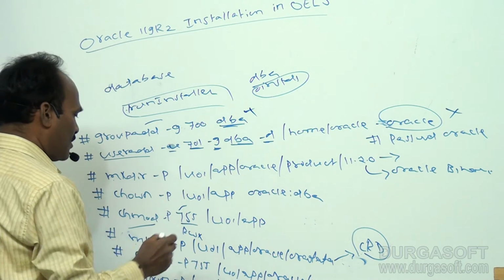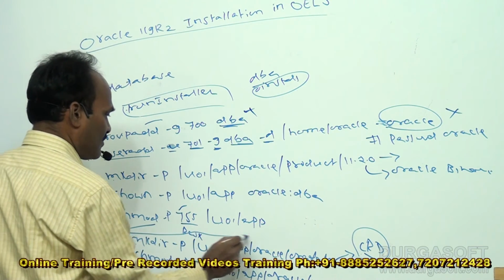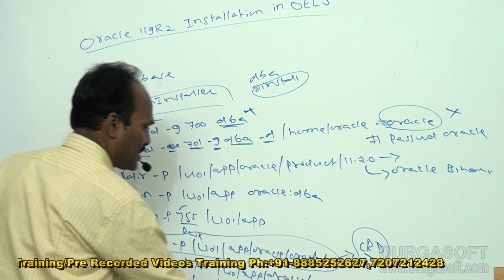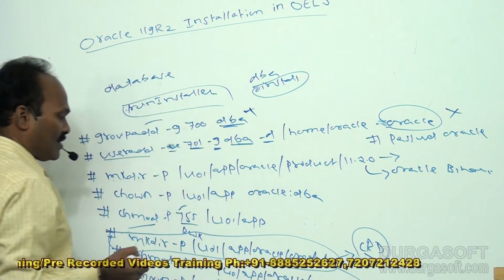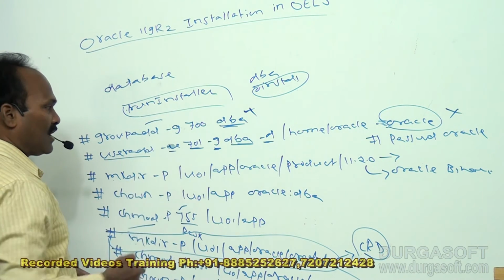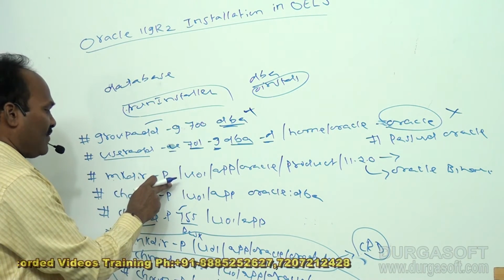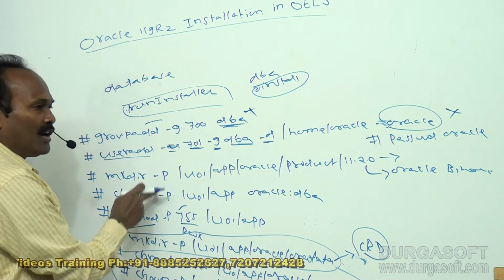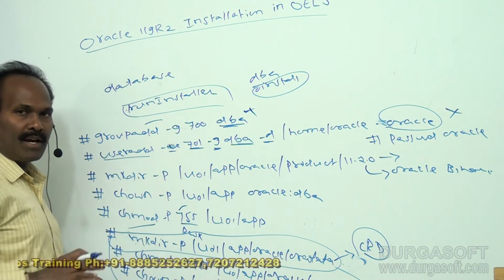Just this action, these three commands, we have to execute. Creation of the DBA group, creation of the Oracle user, creation of this directory, changing permissions and changing ownership, all these actions are performed by Oracle.